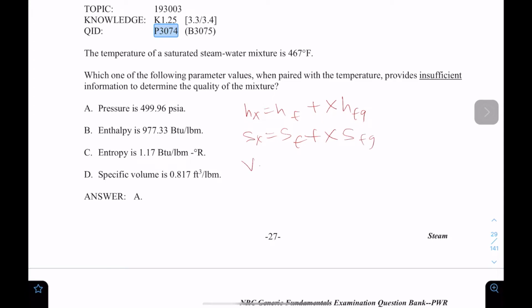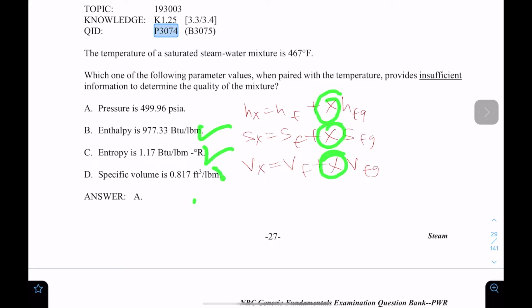Or I can use specific volume. All those formulas give me this, right? So if they give me the temperature and they give me the enthalpy, the entropy or the specific volume, I can get quality.